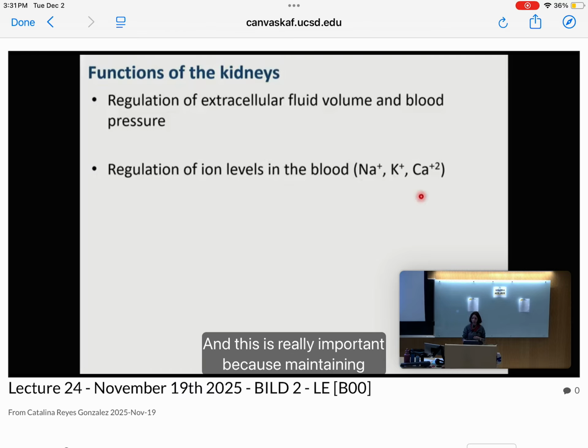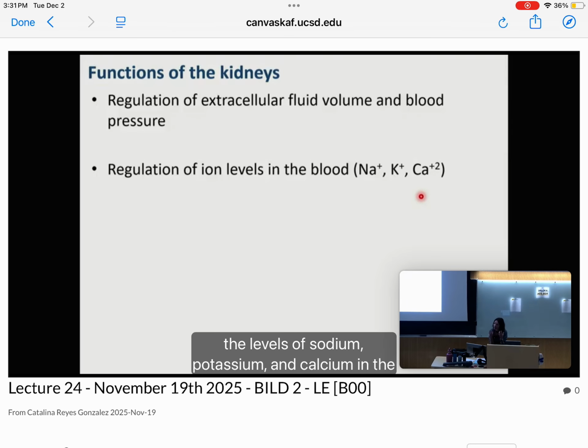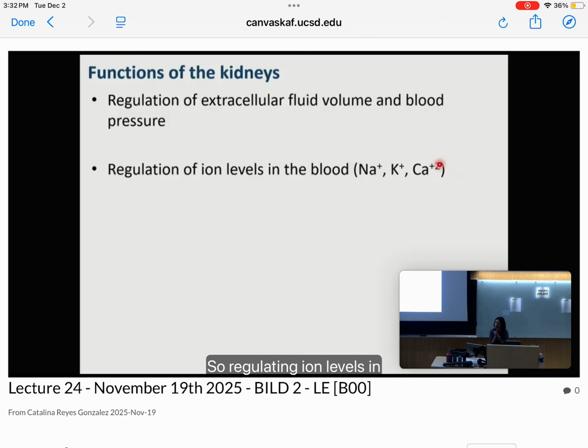This is really important because maintaining the levels of sodium, potassium, and calcium in the extracellular compartment, in that blood, is important to maintain the resting membrane potentials of cells, which will determine how easy it is for these cells to produce an action potential. Also, levels of calcium are important because, remember, calcium is the signal for contraction, and it's also a cellular signal in a number of signal transduction pathways. So regulating ion levels in the blood is super important.